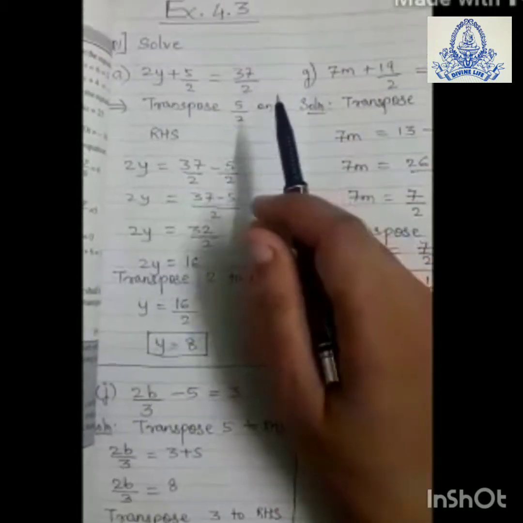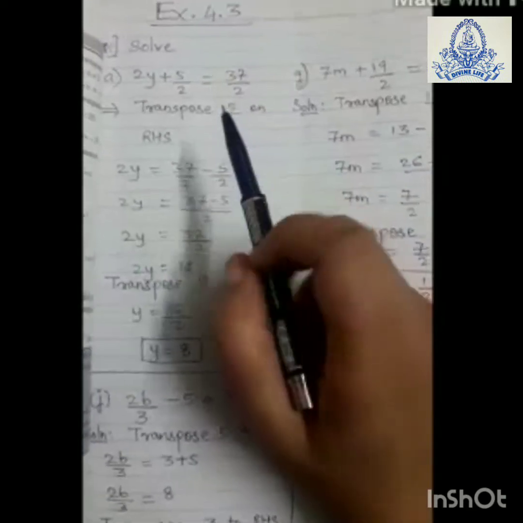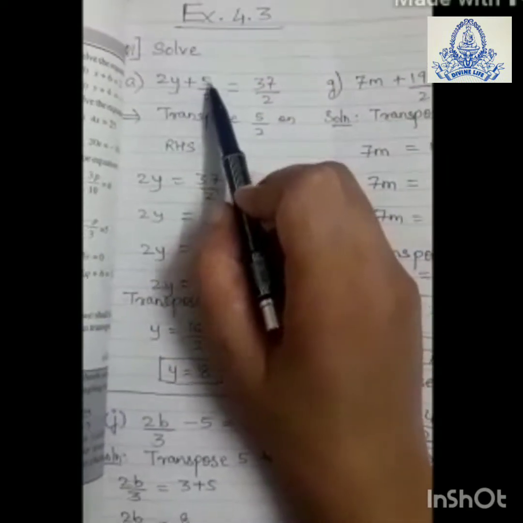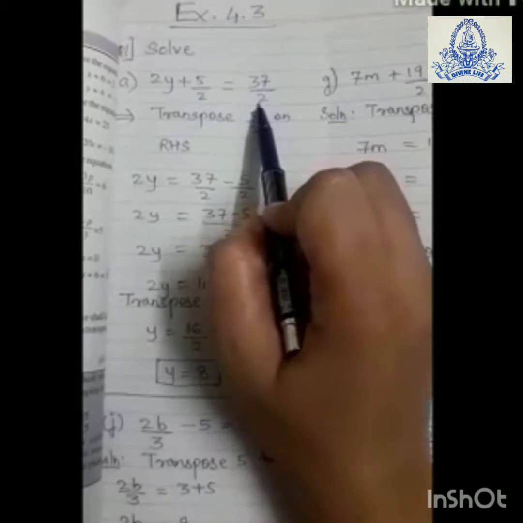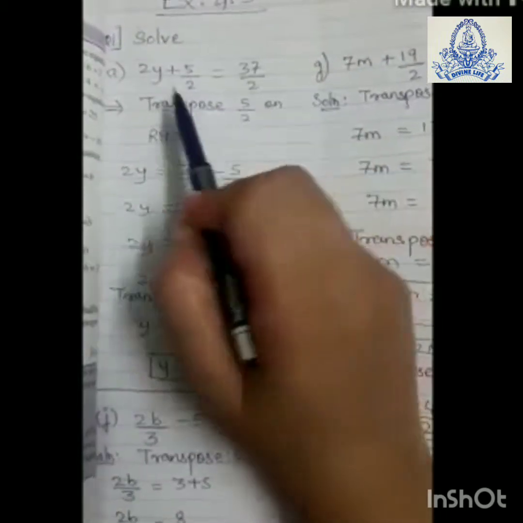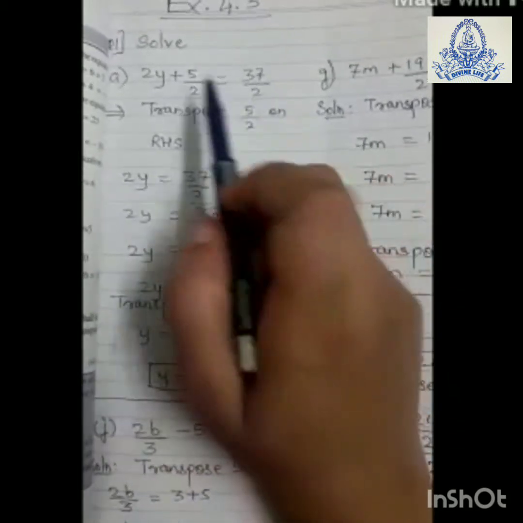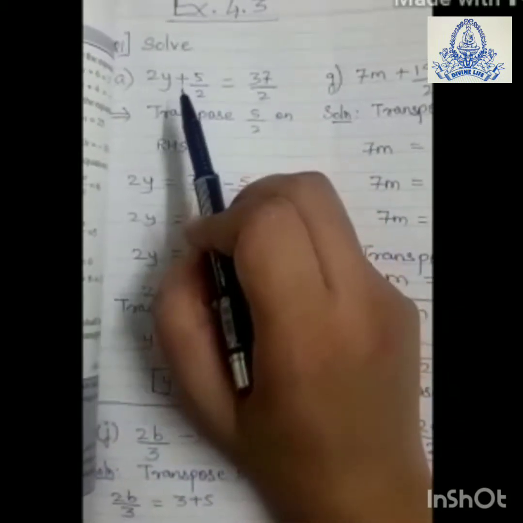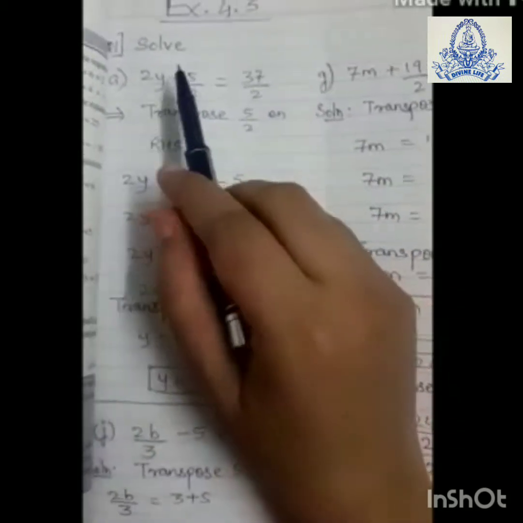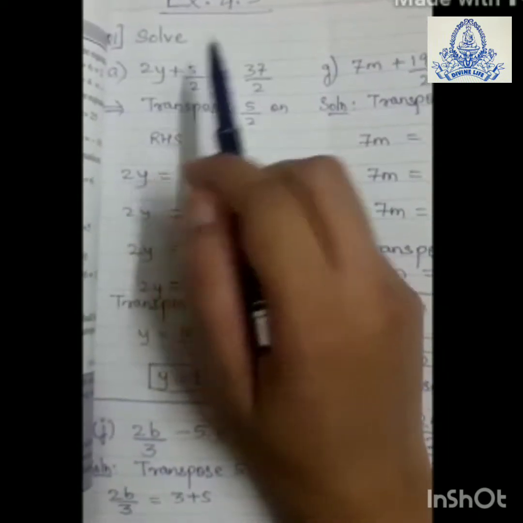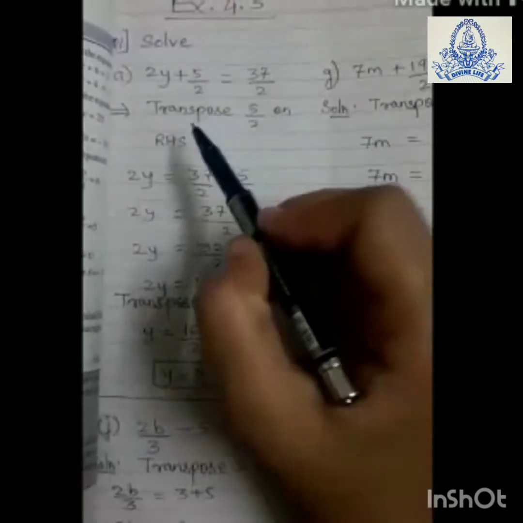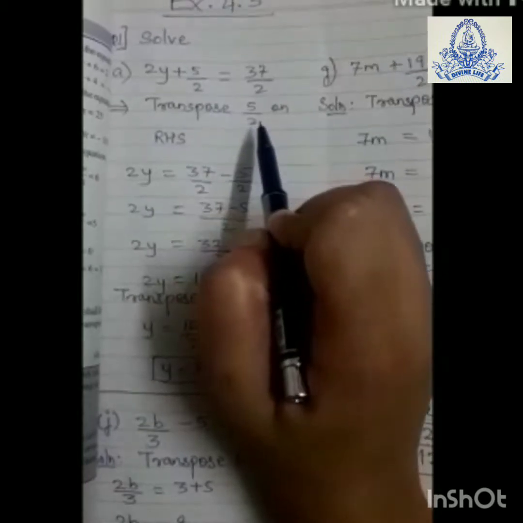See question number 1. Solve 2y plus 5 upon 2 is equal to 37 upon 2. We have to solve it by transposing the number, meaning changing the side of the number. Transpose this plus 5 to the RHS.